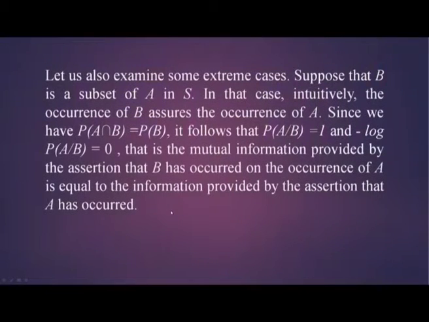Let us also examine some extreme cases. Suppose that B is a subset of A in S. In that case, intuitively the occurrence of B assures the occurrence of A. Since we have probability of A intersection B is equal to probability of B, it follows that probability of A given B is equal to 1 and minus log probability of A given B is equal to 0.